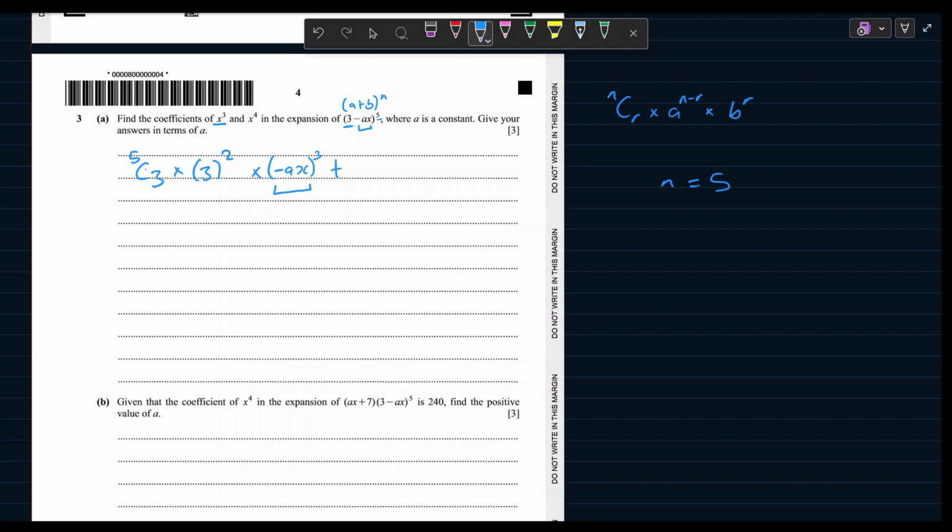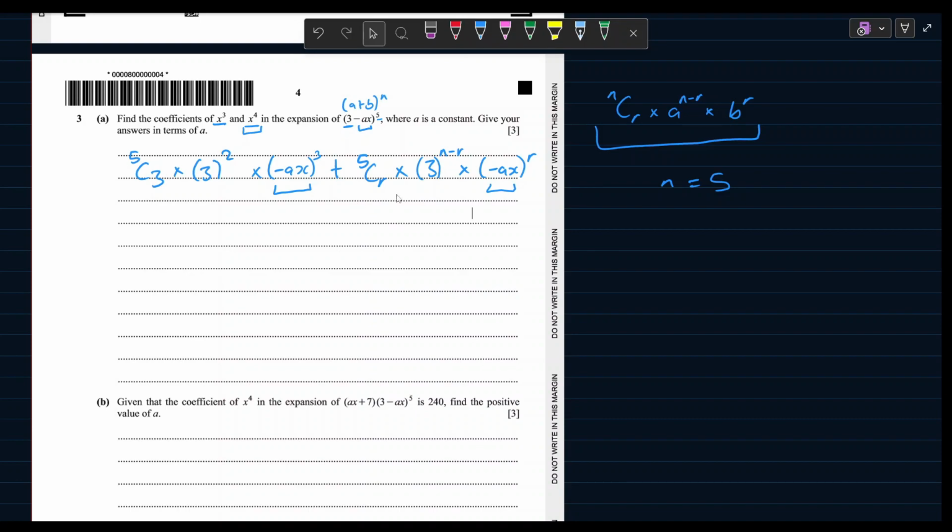And we can do the same for the term in x to the power 4. We can say that it's going to be of the form n choose r times a to the n minus r times b to the r. So n is 5, choose r, we need to find what r is, times our a is 3, this is to the power n minus r, times our b is negative ax, and this is to the power r. We want a term in x to the 4, so it means we have to raise this bracket to the power 4.